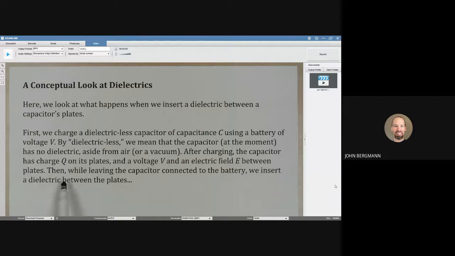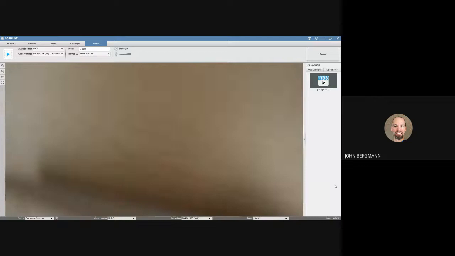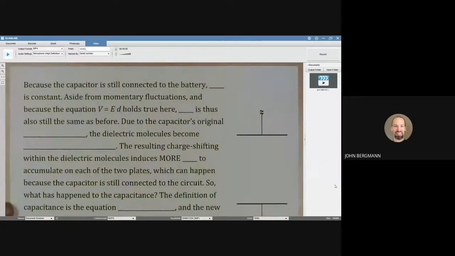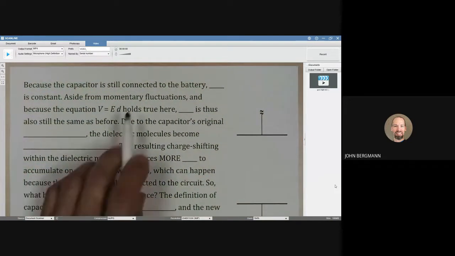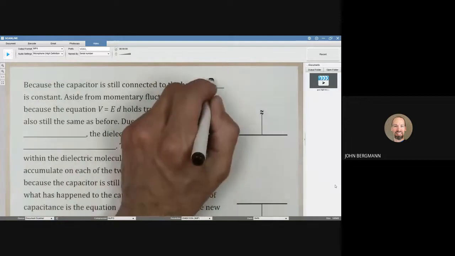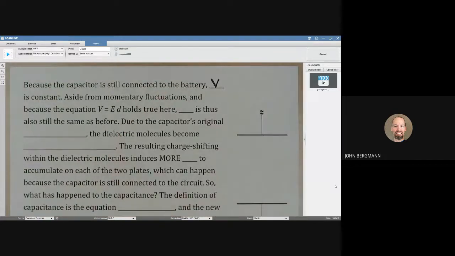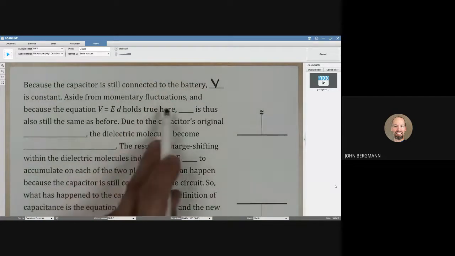the plates. Then, while leaving the capacitor connected to the battery, which is an important point for this first part, we insert a dielectric between the plates. So what's going to happen? Because the capacitor is still connected to the battery, V is constant, aside from momentary fluctuations.